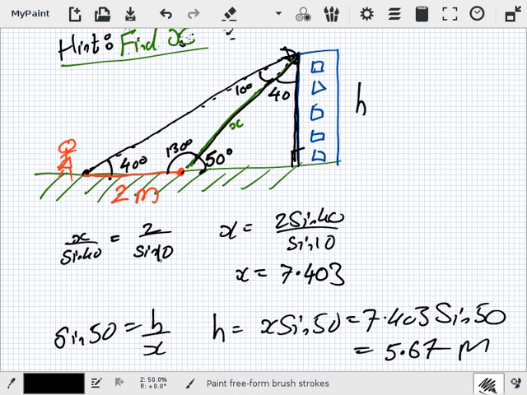Where the sine 10. Yeah. Can you see this 10 here? Is it too small? So what I'm doing is I'm saying x over sine 40 equals 2 over sine 10. I'm using the sine rule like that.